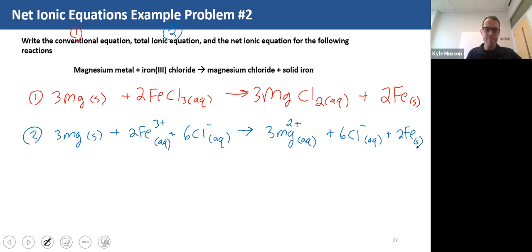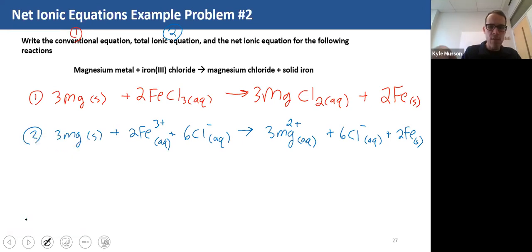Okay. Now, this is my total ionic equation, and you could check the ions, right? 3 magnesium, or the elements, I should say, 3 magnesium, 2 iron, 6 chlorine, 6 chlorine. So it's balanced, the elements.